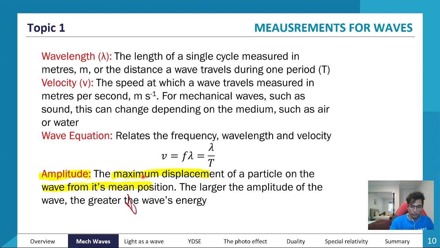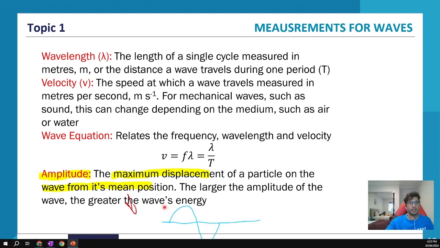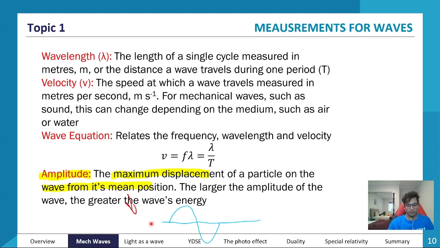If I draw a quick wave, the mean position is this x-axis. The amplitude would be the maximum displacement from this x-axis to the top. So the amplitude is this.